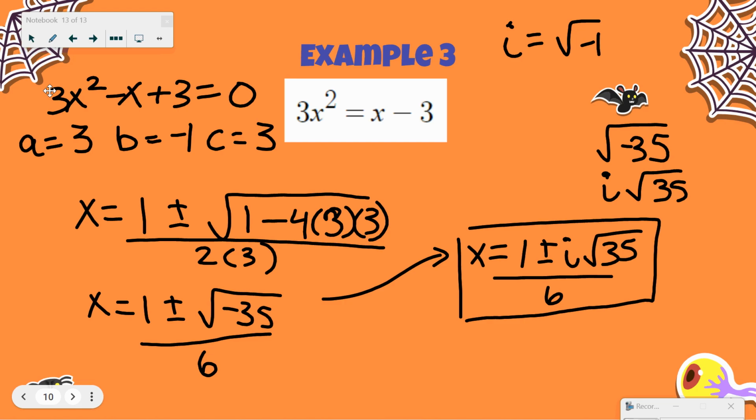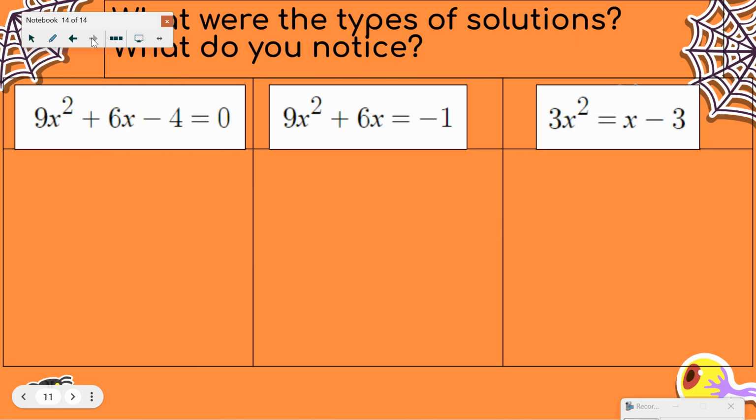So let's talk about these 3 different problems and how they were different. Going back through, this was example 1. And we ended up having 2 real solutions with our answer. This was example 2.